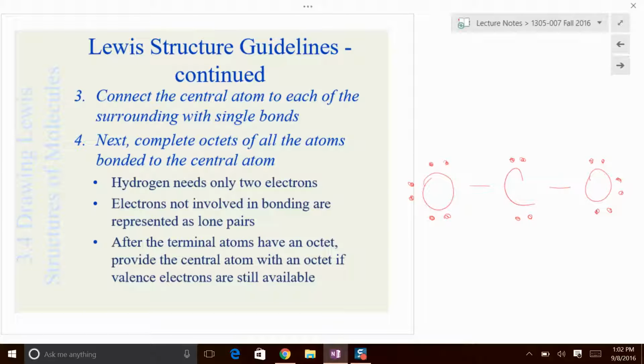The bond is a sharing of 2 electrons. 2, 4, 6, 8. Everything has 8 electrons. They all have 8. That's how I should start every single compound that I try to draw. Okay? So that is the first step.